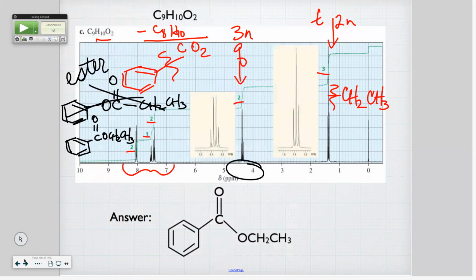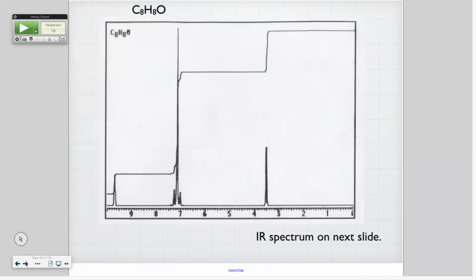All right, look at the next one. We're going to do some numbers. Anybody look at this one and see anything? Caitlin's going to be the benzene girl. Any idea how substituted it is?